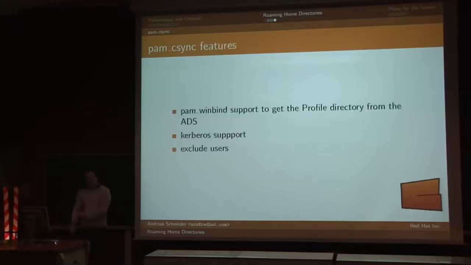PAM csync has some features. Especially, it works really well with PAM winbind, and if you use PAM winbind, then it has a special mode where it gets the information from the Active Directory server. It has Kerberos support, so if you use the SMB plugin, it will use Kerberos for the credentials.